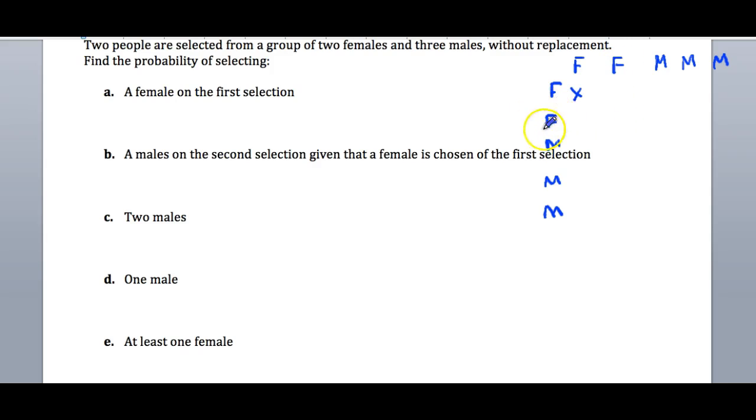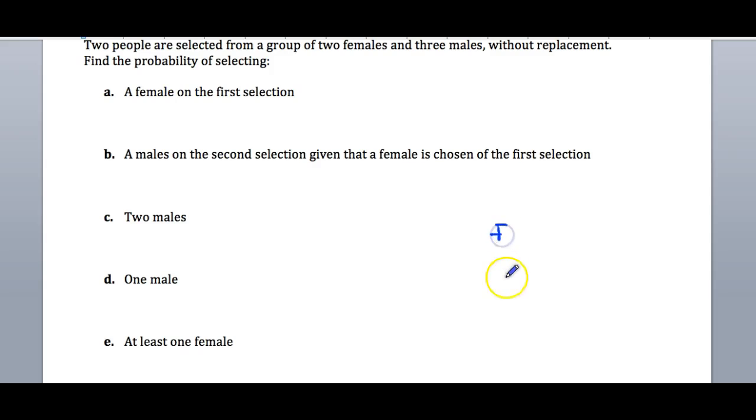And if we chose this female, it can't choose a female in the same spot. Okay, so you can go down like that, and then you can write all your possible outcomes. But like I said, I think it would be better to do a tree diagram. So I'm going to do this one on a tree diagram instead, just because it's going to take up a lot less space.